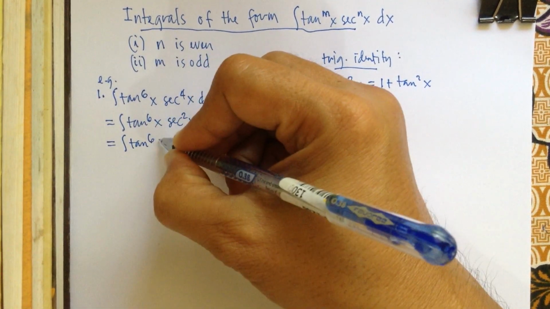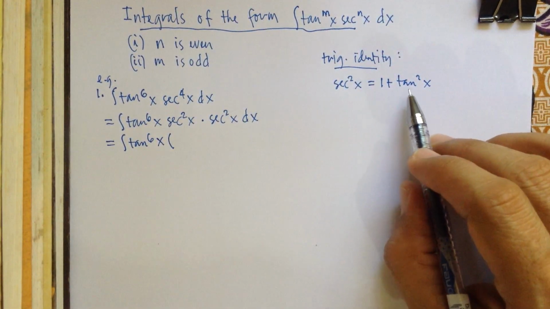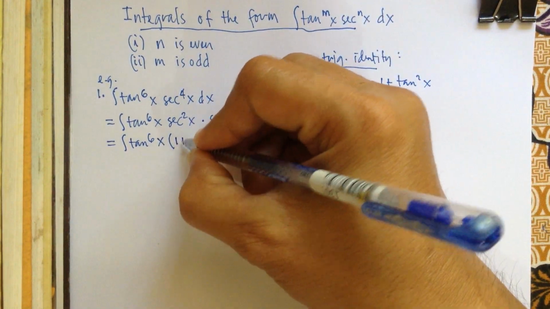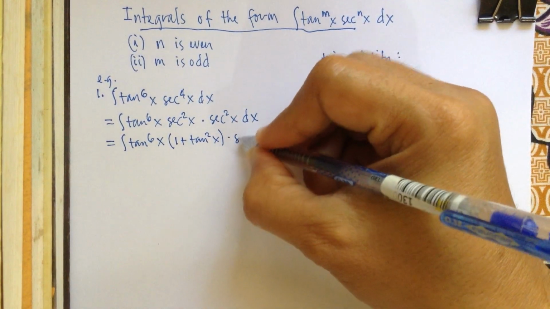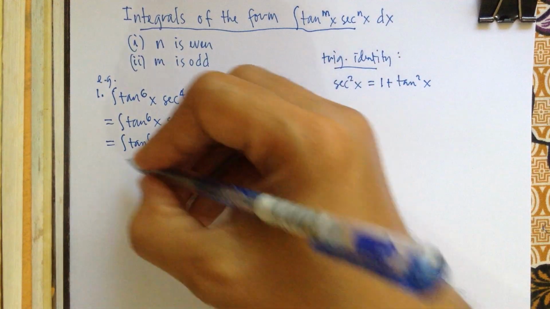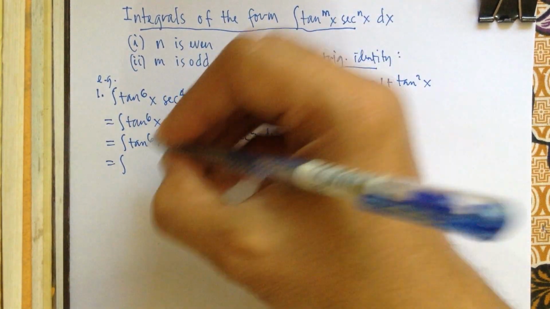So we have tangent to the 6x. But secant squared x, according to the identity, is 1 plus tangent squared x. So we replace that with 1 plus tangent squared x, times secant squared x dx.